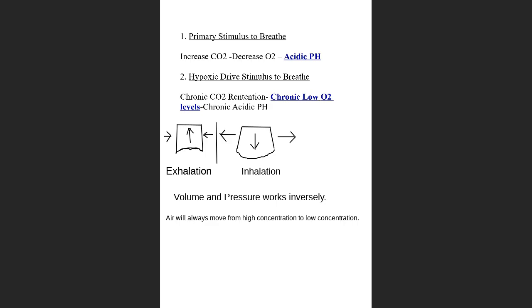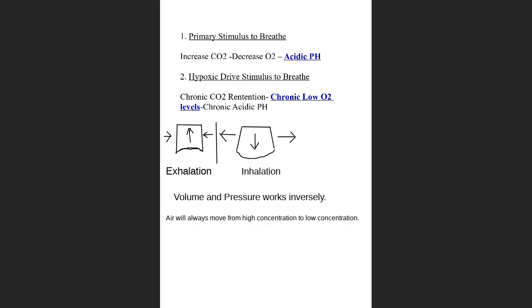Okay, I'm back. At this stage in the course, you would have learned that the primary stimulus to breathe, or the area of the body that controls breathing, is the brainstem. So the brainstem controls our ability to breathe. Now, within the brainstem, you have what is called the primary respiratory center, or primary stimulus to breathe.